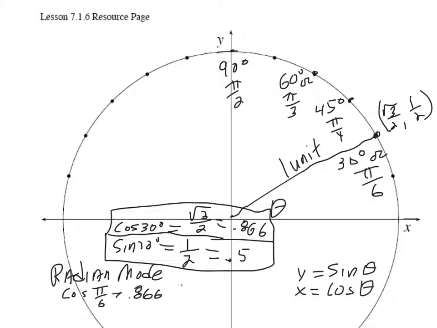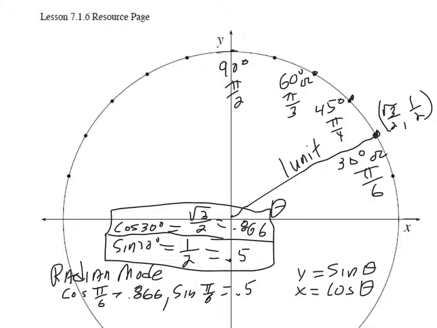And if you type in the sine of pi over 6, you'll get 0.5. So in either mode, you still end up with the same coordinates because the location on this unit circle is the same regardless of degrees or radians.